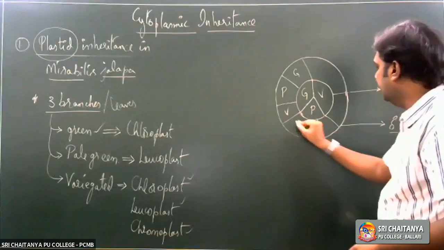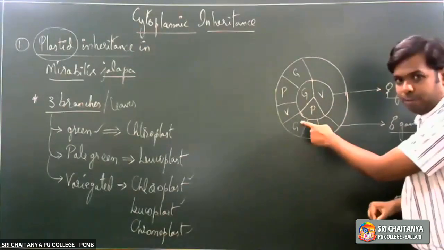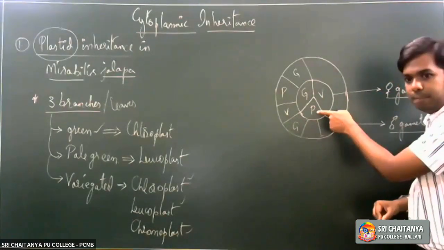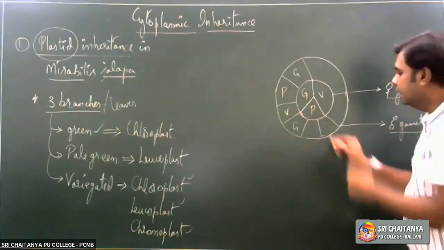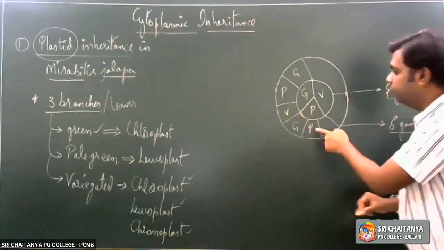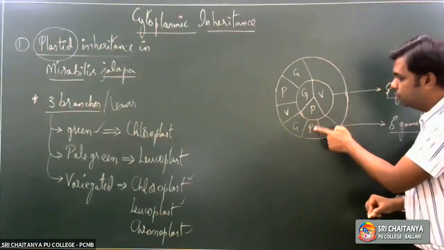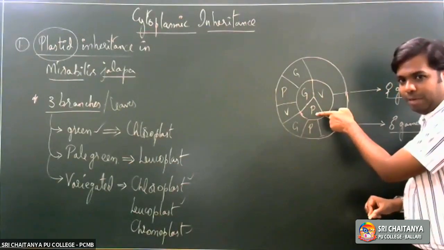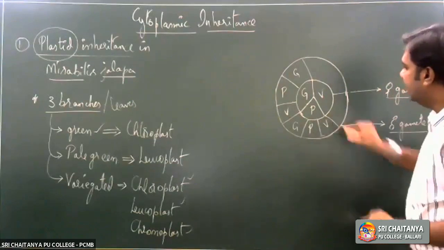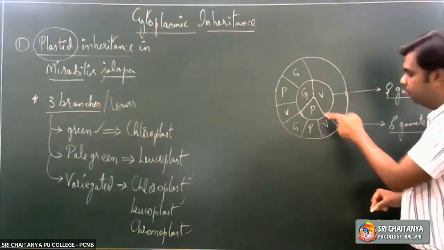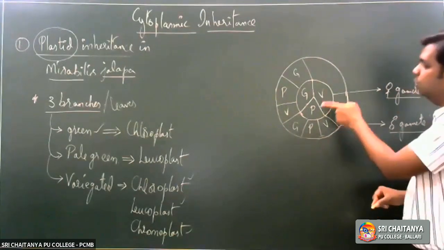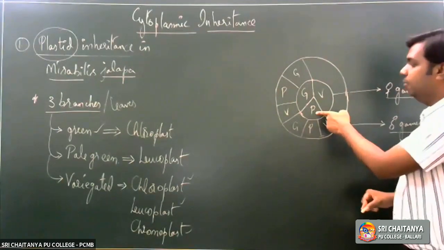So a green colored male gamete fuses with the pale green female gamete. Second condition, pale green male gamete fusing with the pale green female gamete. Third one, variegated male gamete fusing with the pale green female gamete.